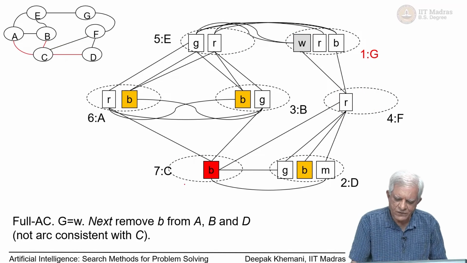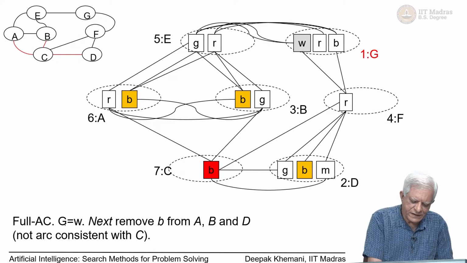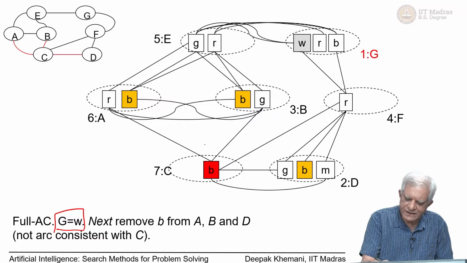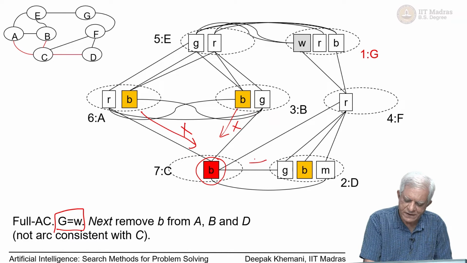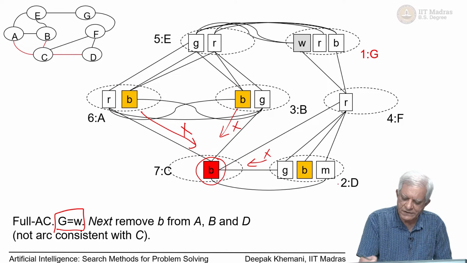So, r will go from c, and then we are still looking at whether we can give a value w to g. Next, you remove b from a, b and d. Why? Because they are related to each other, and those values are not R consistent with respect to this. So, you prune the values from a, b and d, that is what we have written here.